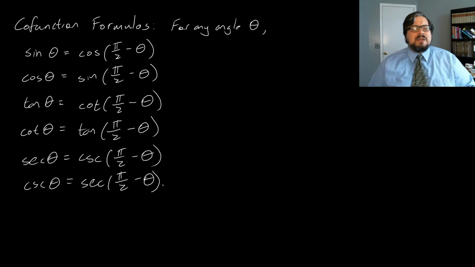Now, the reason why we haven't done this a whole lot so far and why we hesitate to do it when trying to prove identities is that the price we pay for switching from cosines to sines or tangents to cotangents is that we have to change the angle inside the function. We change from whatever was in there, theta, to pi over 2 minus theta. So this gives us the cofunction relationships.